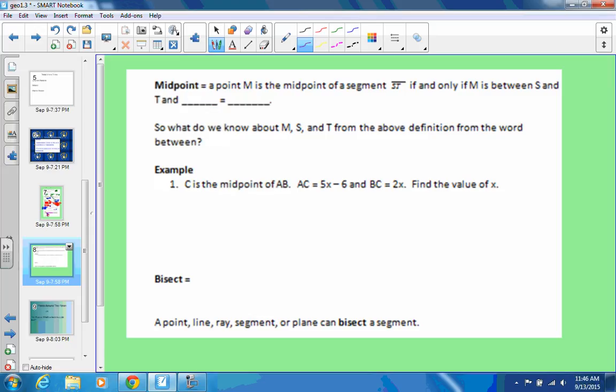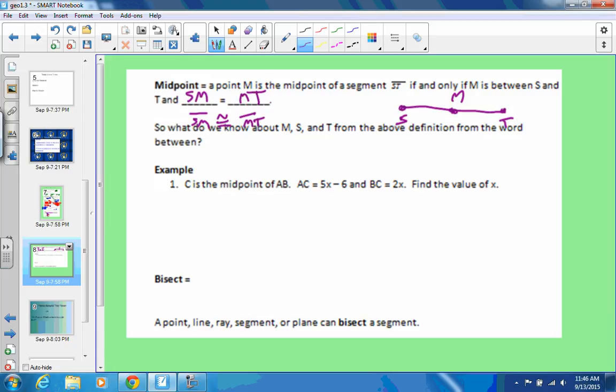A point M is the midpoint of a segment ST if and only if M is between S and T, and, drawing the picture here, we have line ST. So if it's between them, and this is M, then SM is equal to MT. Or if you wanted to use the congruent symbol, it would be segment SM is congruent to segment MT.